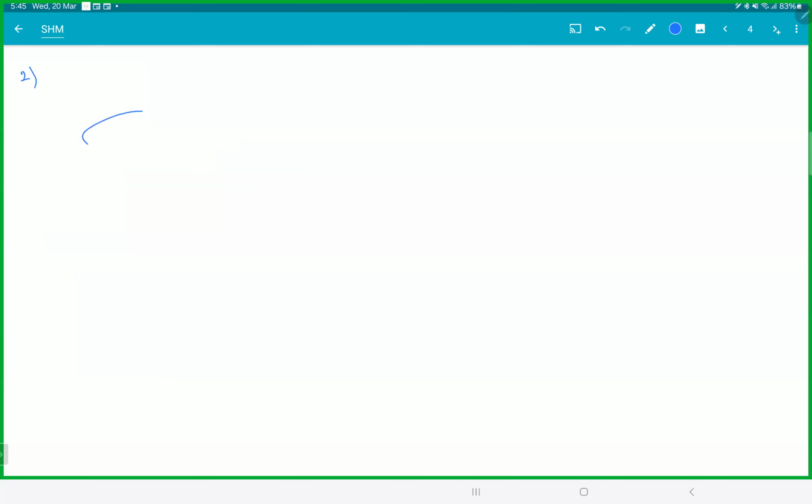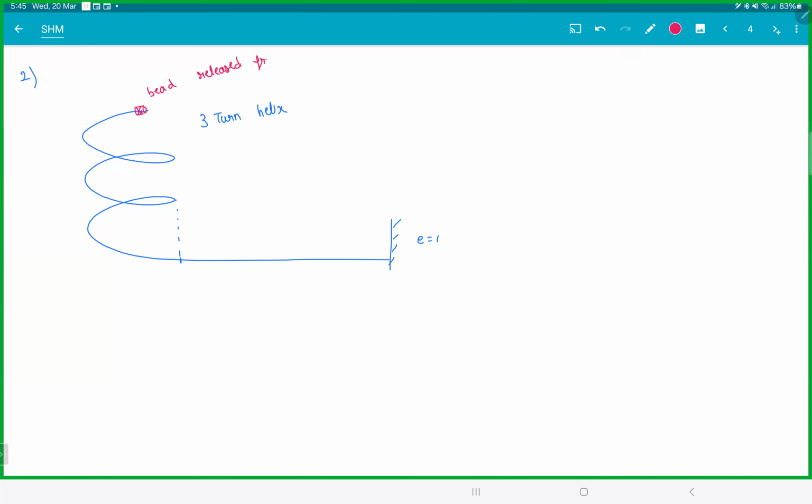Next one. E is equal to 1. So we have a 3-turn helix. Here we have a small bead, released from rest.